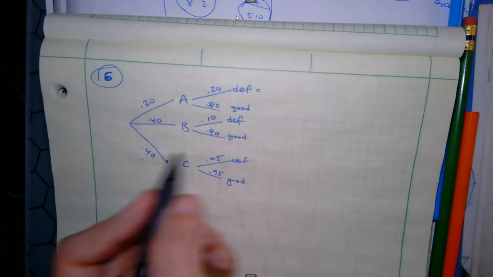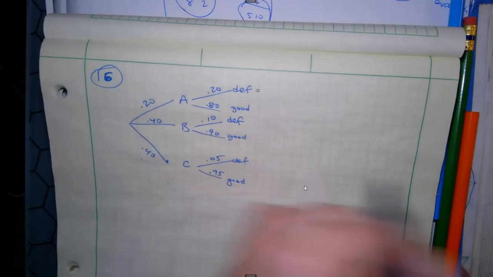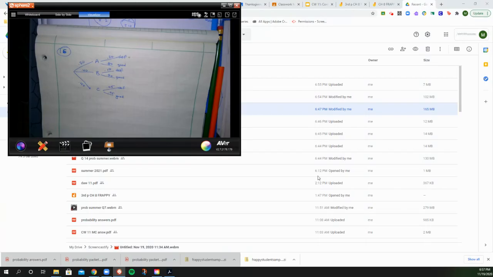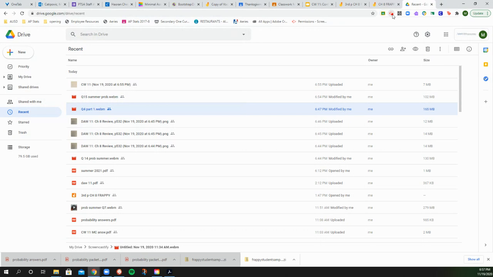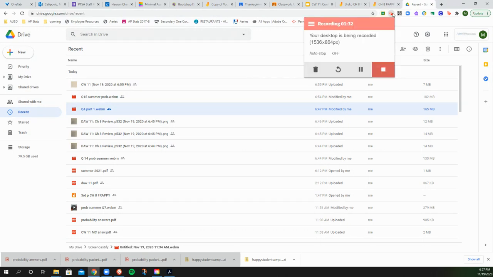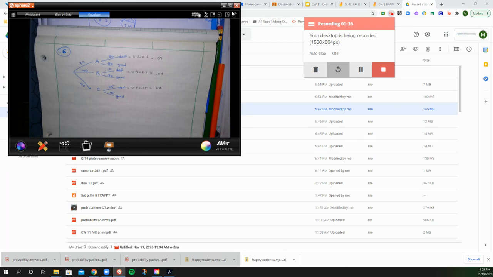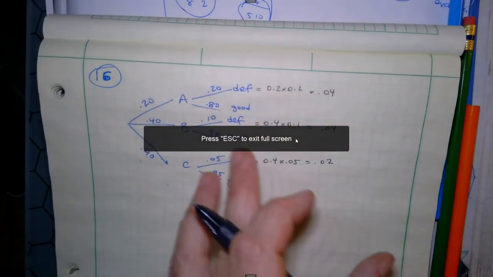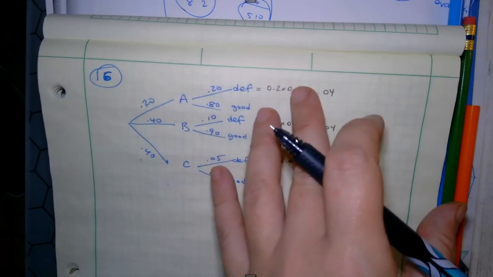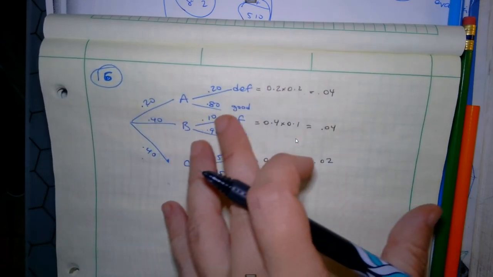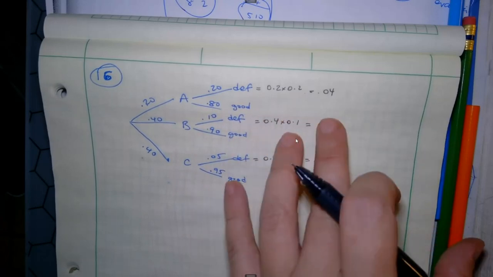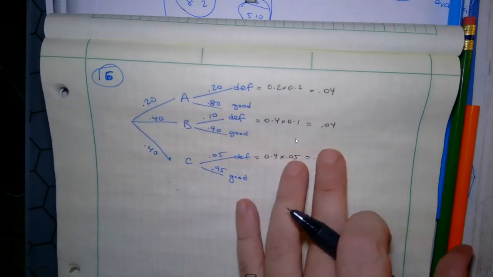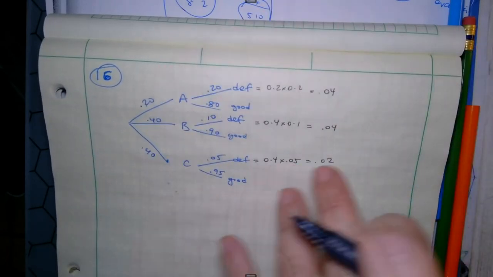And I'm just going to focus on the defective ones because I know that's what the question is asking me. All right, turned out that wasn't so hard. Okay, so I multiply along the branches for the defective ones. So here's the chances of being defective and from factory A, being from factory B and being defective, and from factory C and being defective. So that's each one on its own.